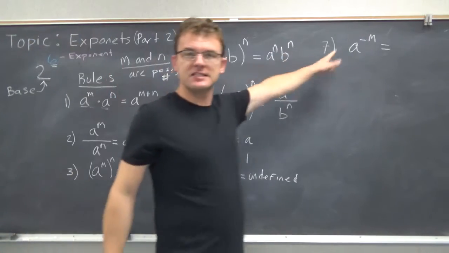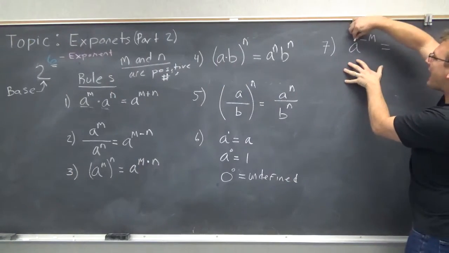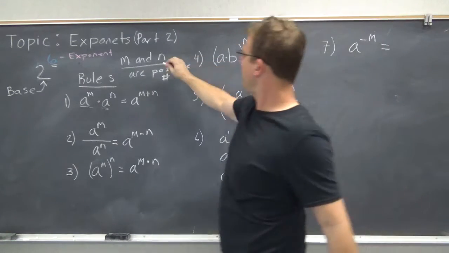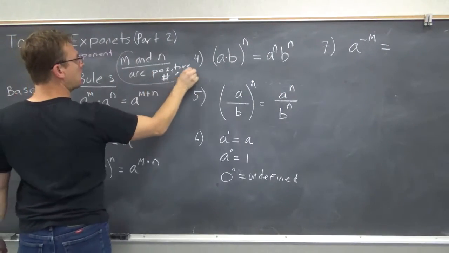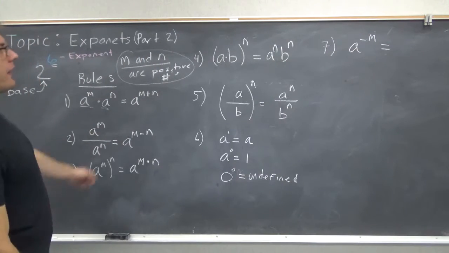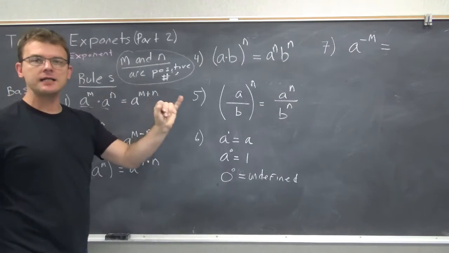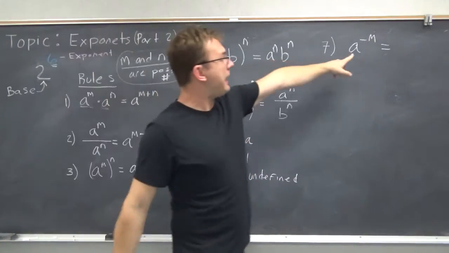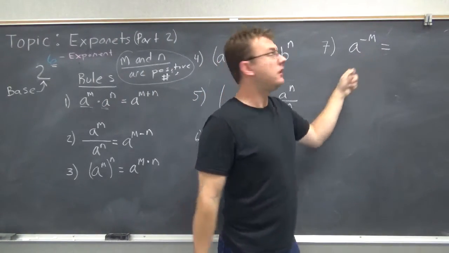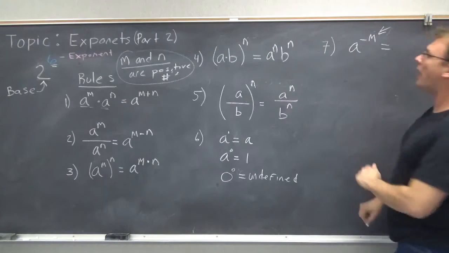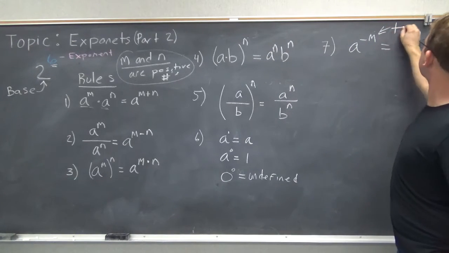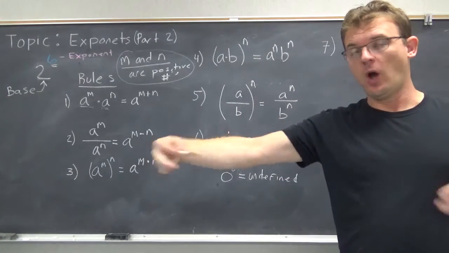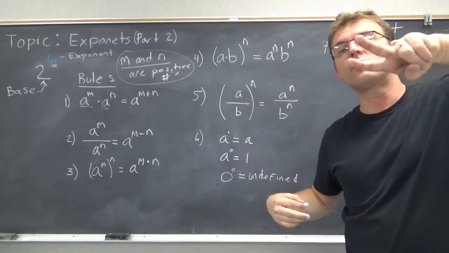And then number 7 says, I have a to the negative m. Over here, I told you that m and n are positive numbers. What that means is that I have to make this exponent positive. How do I make it positive? What you're going to do is the reciprocal.